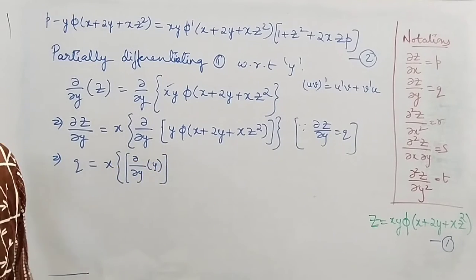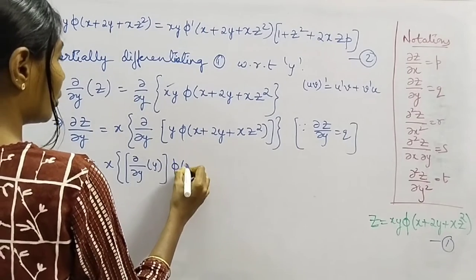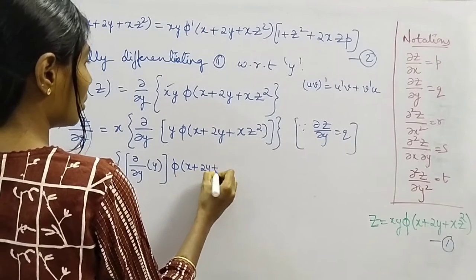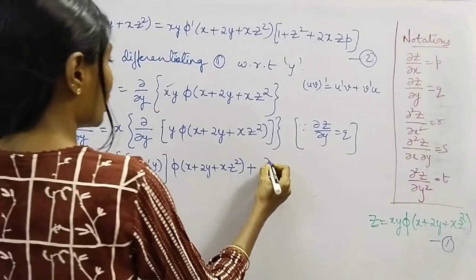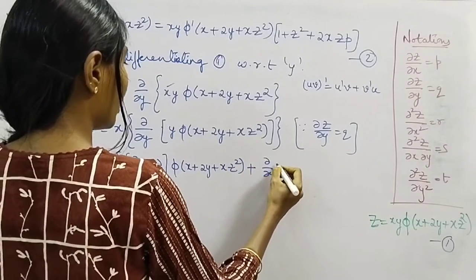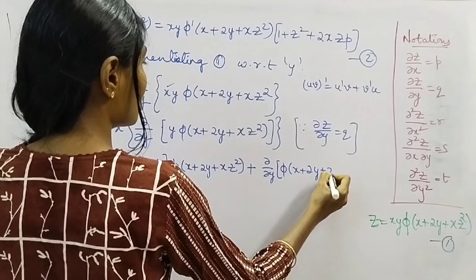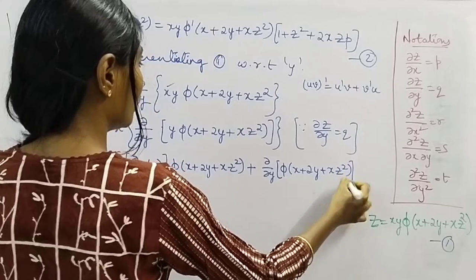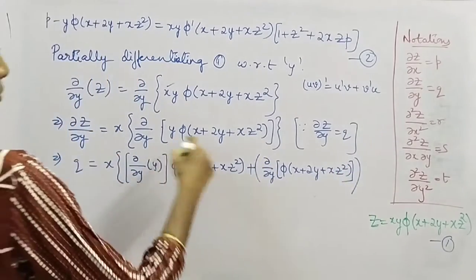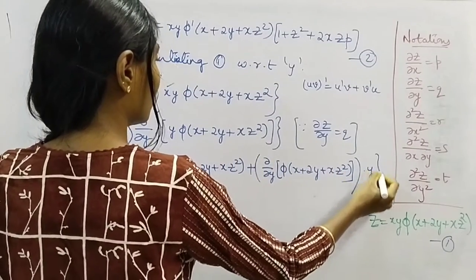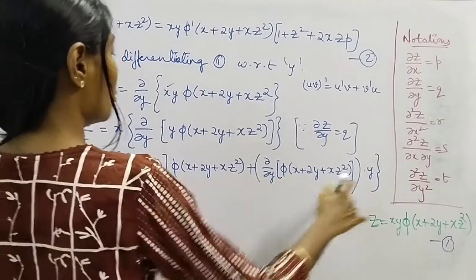We'll get partial derivative of y into phi of x plus 2y plus xz square plus partial derivative of phi of x plus 2y plus xz square into y, right? U dash v plus v dash u.